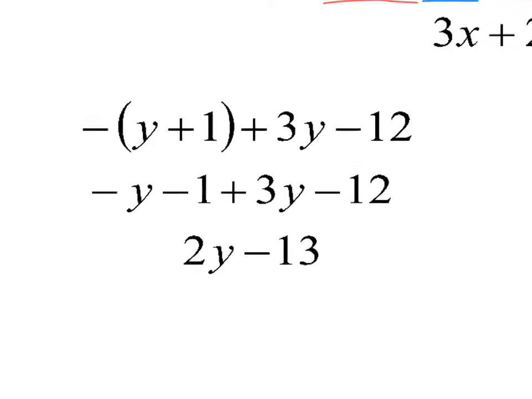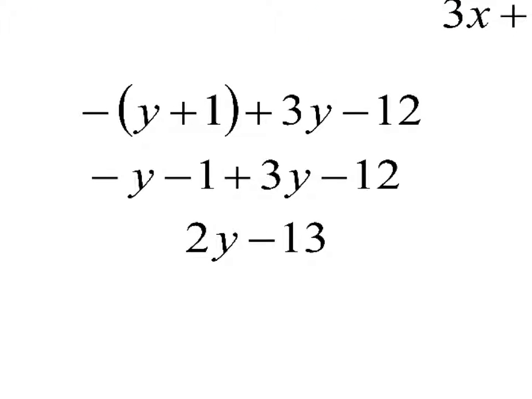We have one more example right here. As I was saying earlier, if there is no coefficient, like right there, we're going to imagine that there is a 1 in front of it.